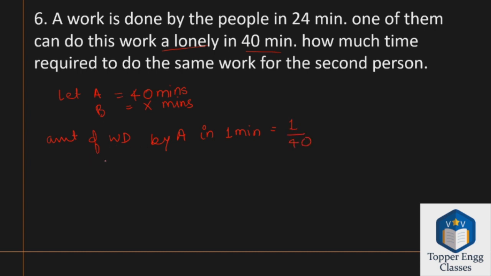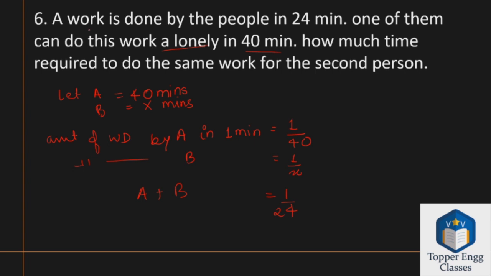Therefore, the amount of work done by B in 1 minute equals 1 by x. By joining both A and B, the amount of work done will be 1 by 24.